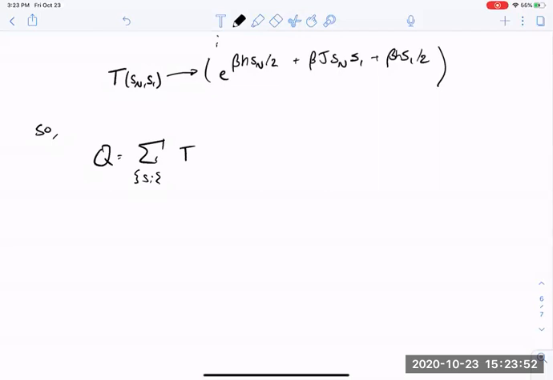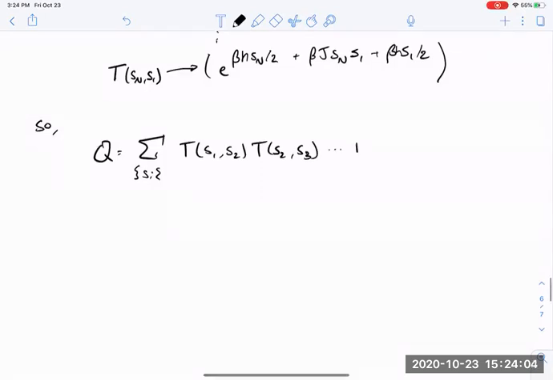And the argument of that sum is this product of t of S1, S2 times t of S2, S3, all the way up to t of Sn, S1. Now, mind you, the sum outside of that product is a sum over all of those spin variables, S1, S2, S3, up to Sn.